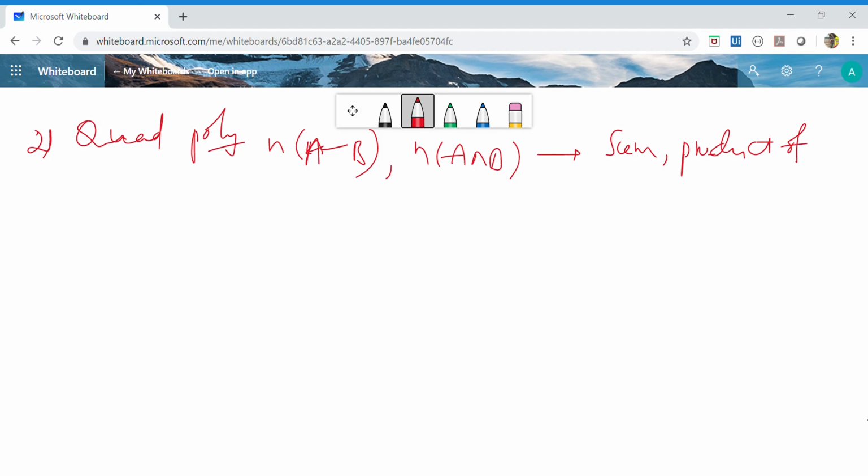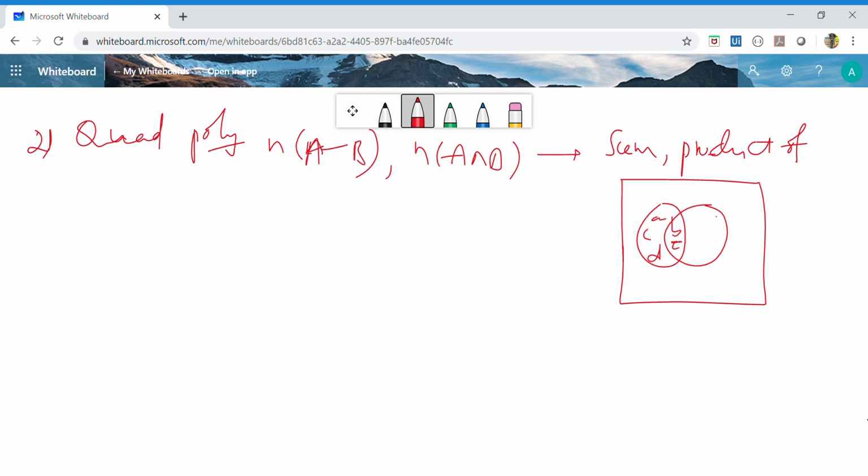Sum and product of the zeros of the quadratic polynomial in the given Venn diagram. The Venn diagram is like this. Joint sets A, C, D in A minus B, B, E in the A intersection B. Next F, G in the B minus A and universal set mu. This is in the question.